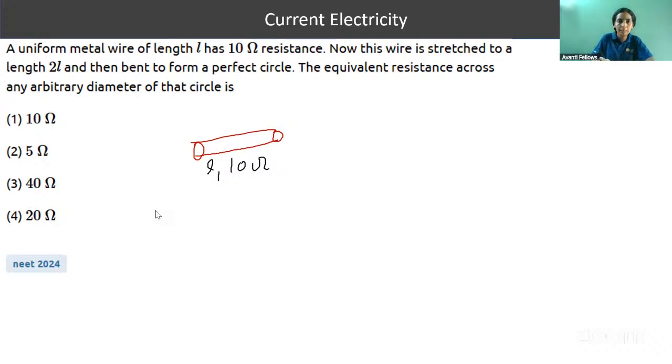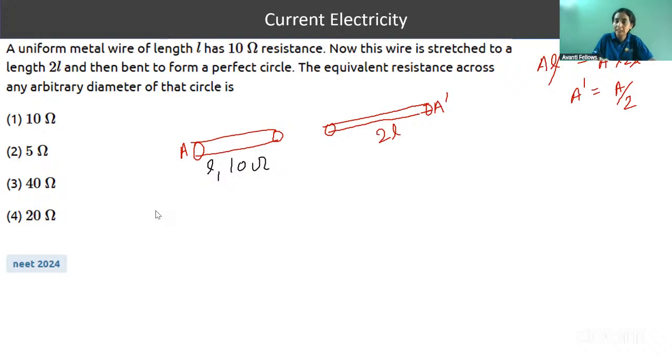Now it is stretched to length 2L. So when you stretch it to length 2L, its area of cross section will decrease, right? So it will decrease something like this, such that its volume will remain constant. So here take the area of cross section as A, length L, and here the length is 2L, area of cross section A dash. Both will share the same volume, okay? Always remember this: whenever you are stretching a wire, what thing is remaining constant? Volume. So by equating the volume you can calculate the value of A and A dash, okay? So A dash into 2L, if you solve from here, A dash is A by 2, okay?